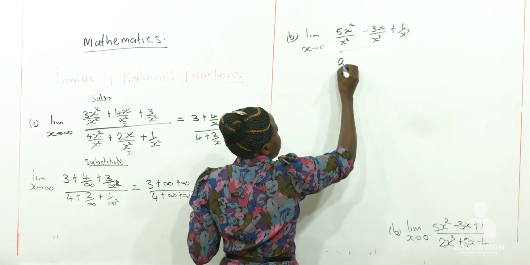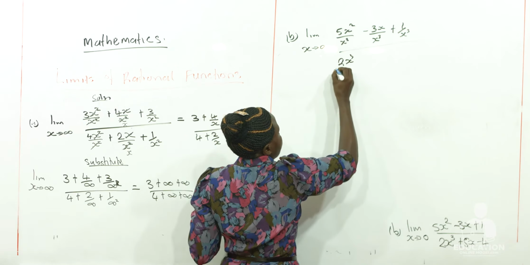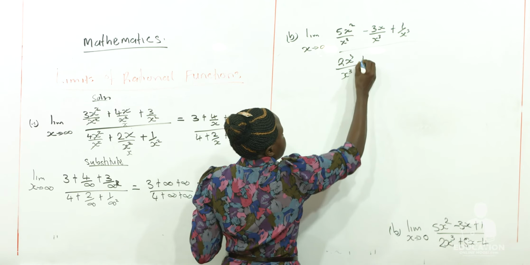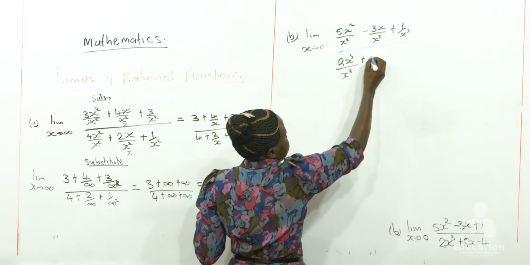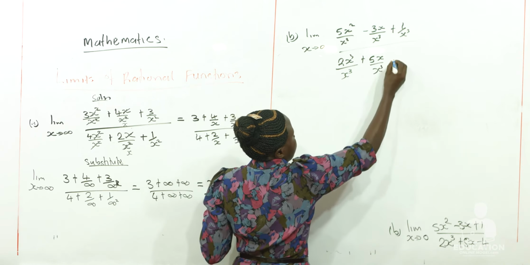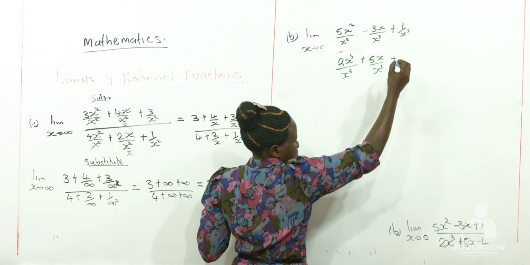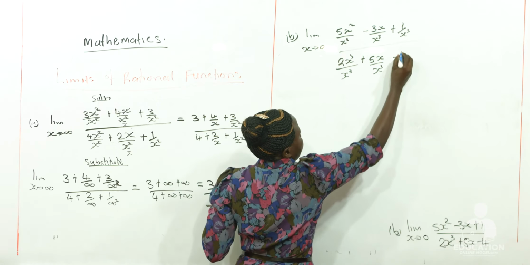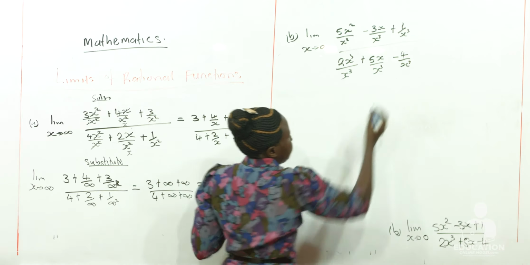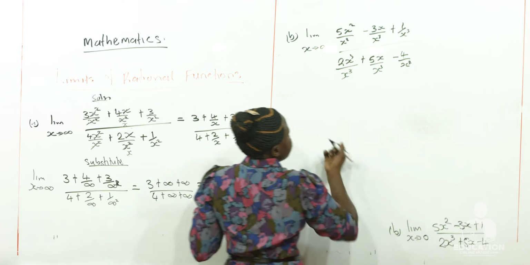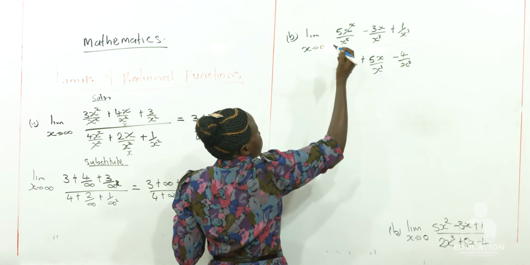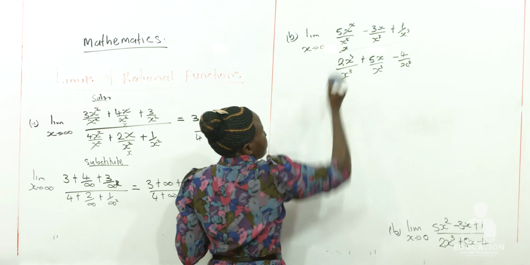And then divide it all by 2x cube over x cube, plus 5x over x cube, plus 1 minus 4 over x cube. Then from this level we divide. You find that this x square will go with the 2x here and you remain with the x.